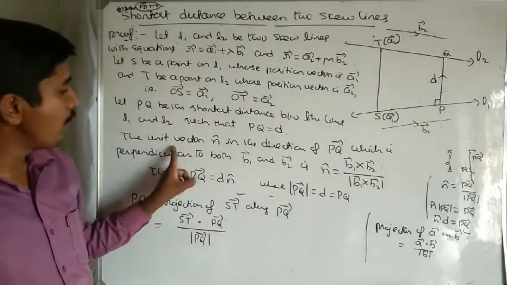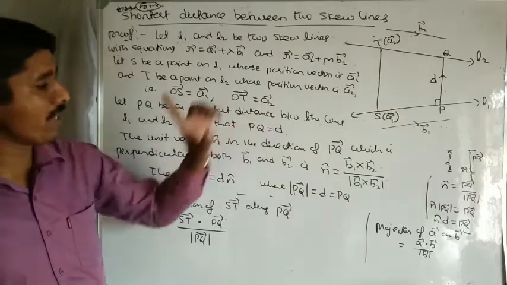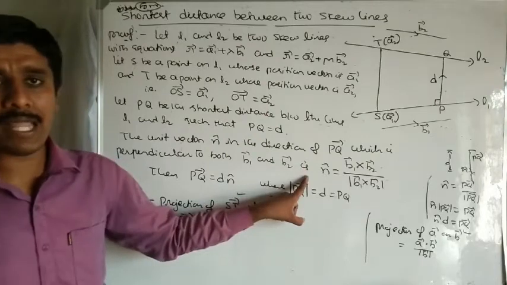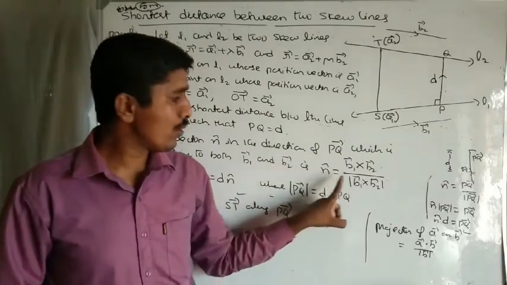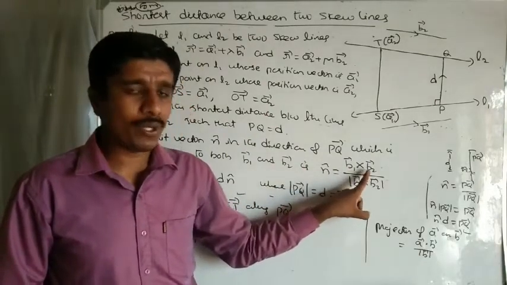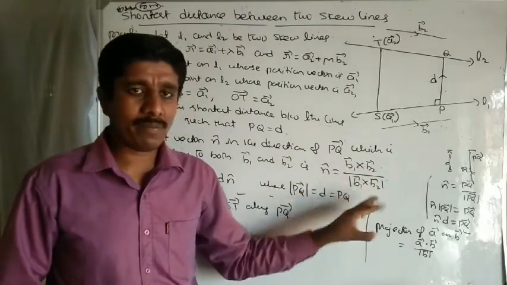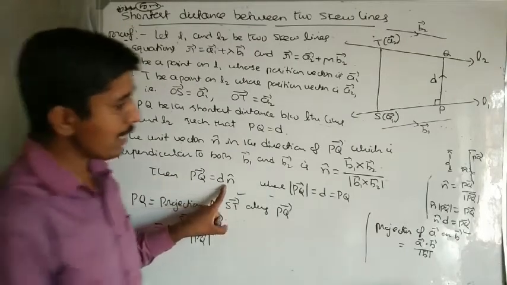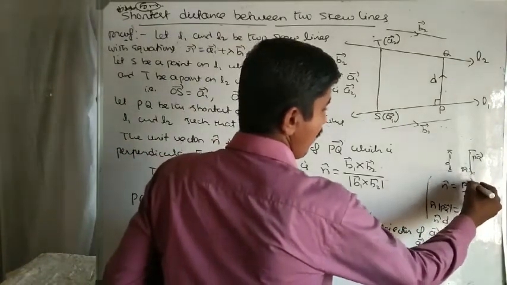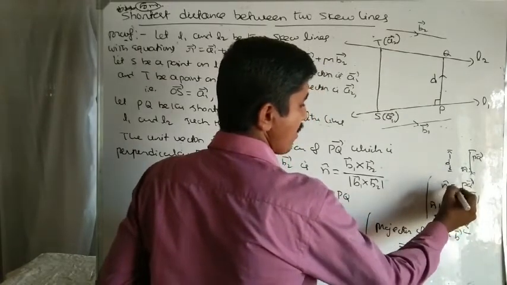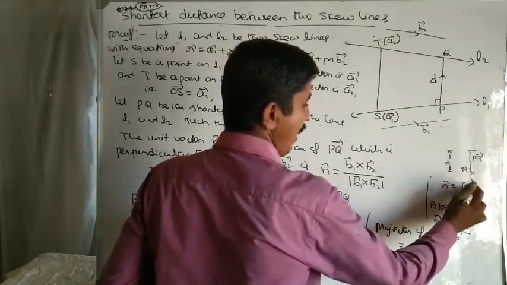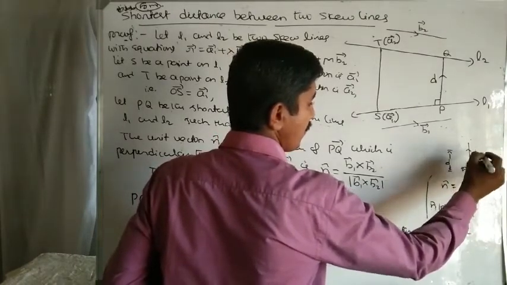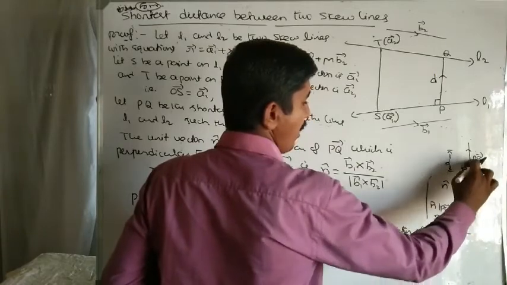Next formula: the unit vector n cap in the direction of vector PQ, which is perpendicular to both vector B1 and vector B2, is given by n cap equals vector B1 cross vector B2 divided by the magnitude of vector B1 cross vector B2. Note down this formula. The unit vector n cap in the direction of vector PQ is vector PQ divided by its magnitude.